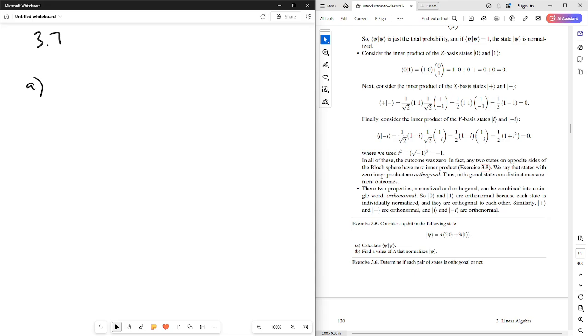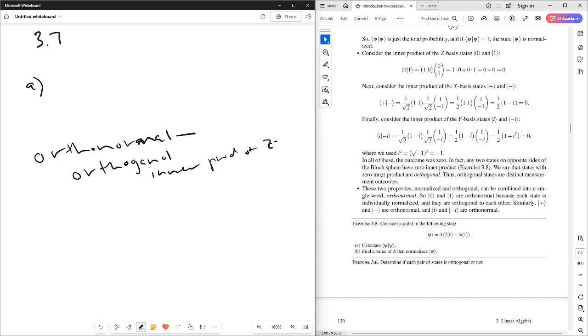Orthonormality combines the two things: they're orthogonal, so inner product of 0, and they are normal, which means that their amplitudes are normalized.